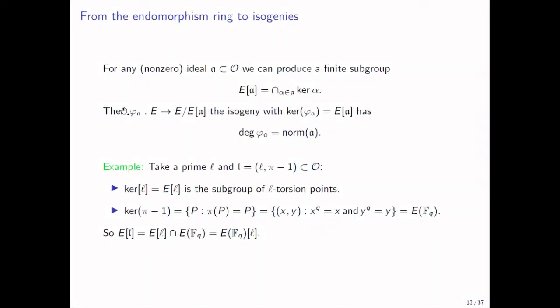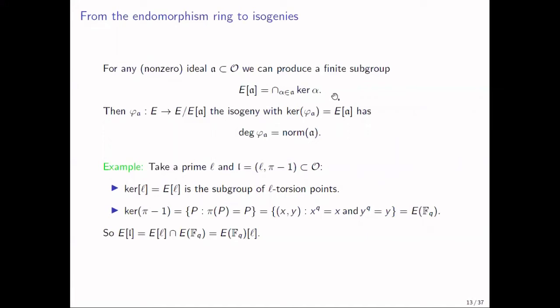So now we're going to start talking about the orders or the endomorphism rings in some detail. And so we take an ideal, and from that ideal in the order, we can produce a finite subgroup. How do we do that? Every element in the ideal is an endomorphism, so it has some kernel, and we take the intersection of all these kernels.